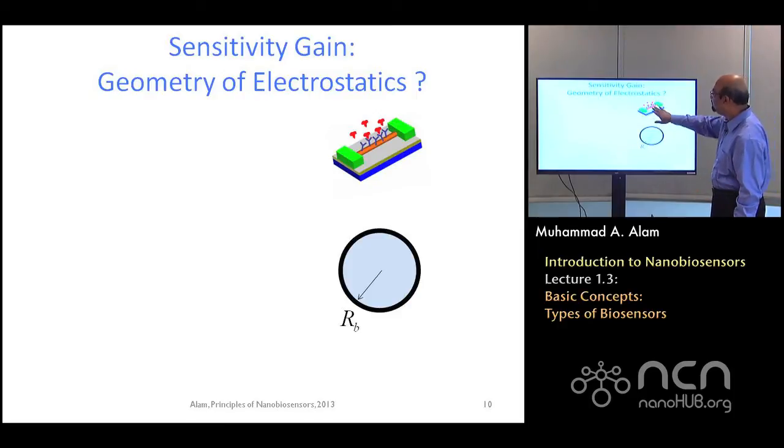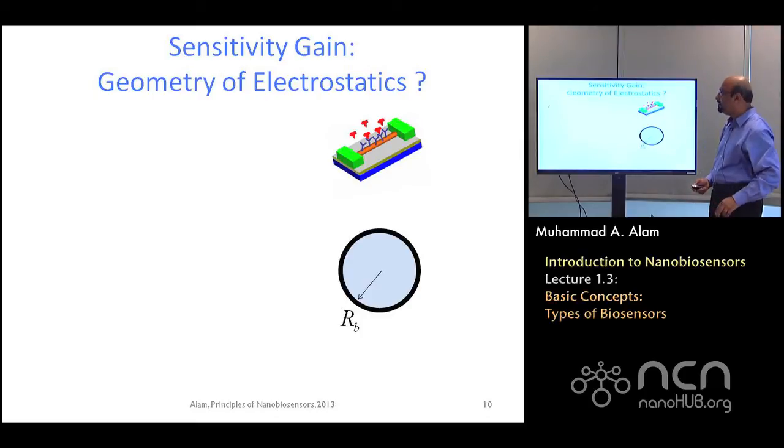Let's take a cylindrical sensor. Take a cut, and let's say the original radius is R_B before the molecules are captured, and electrons are flowing through this tunnel, going from source to drain, one contact to another. Depending on how much voltage you put, that will determine the velocity.